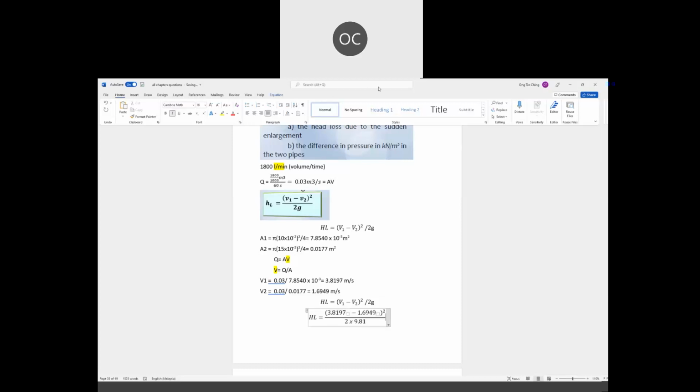Try to obtain HL, the losses due to enlargement. Once you insert all the values and calculate, you're supposed to have the losses equal to 0.2301 meter. It will be in meter form.